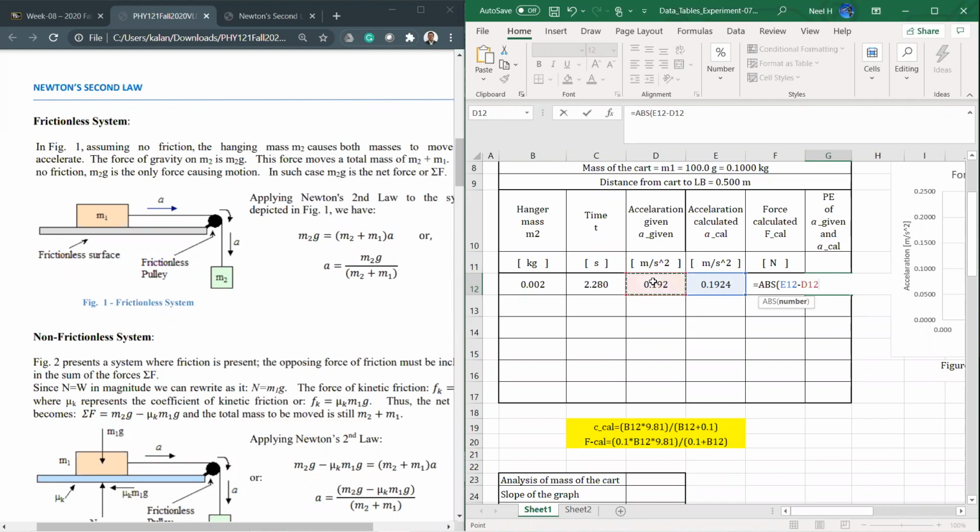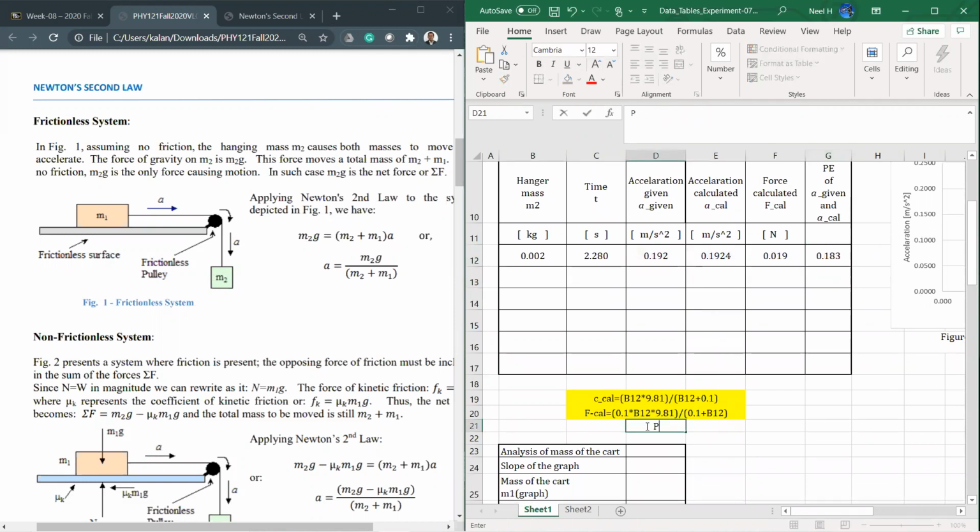Minus the given value, divide by expected value, our calculated one, then multiply by 100. Very, very small percentage error, about 0.1. This is the PE for acceleration.